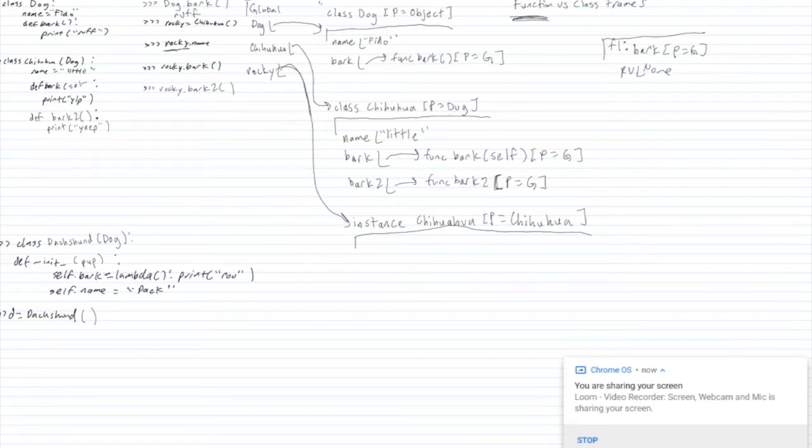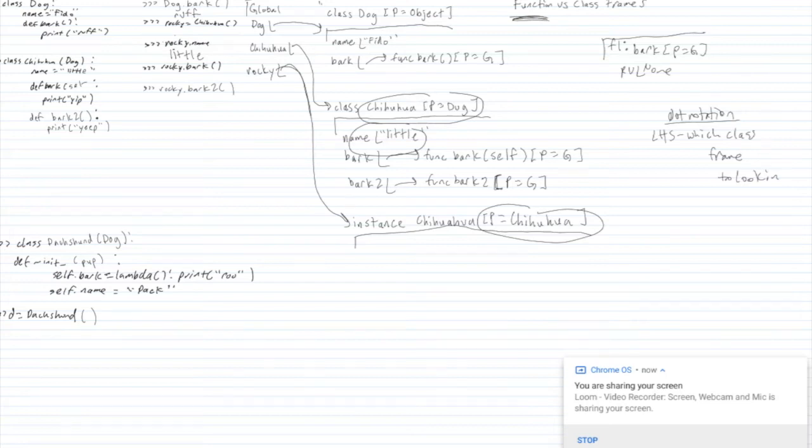So just like before, we're going to look in the parent, which is Chihuahua. And when we look in the Chihuahua frame, we find that the name is Little. Again, the left-hand side tells us which class frame to look in. Talking about dot notation.